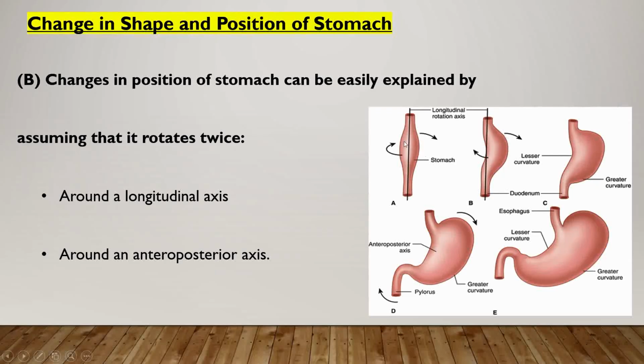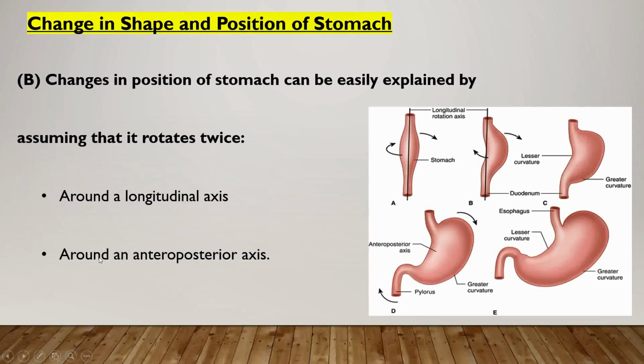And we have already seen the right surface, because of this rotation around the longitudinal axis, it went on the posterior aspect, so now it became the posterior surface, and the left surface came on the anterior side, so it became the anterior surface.